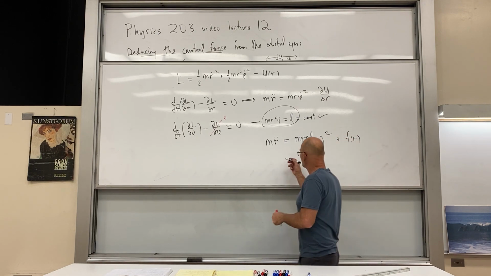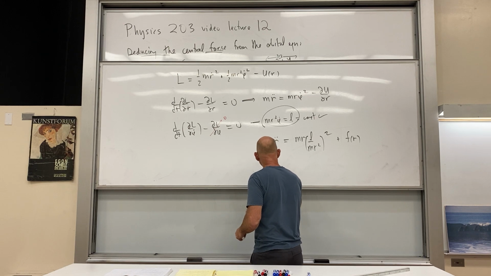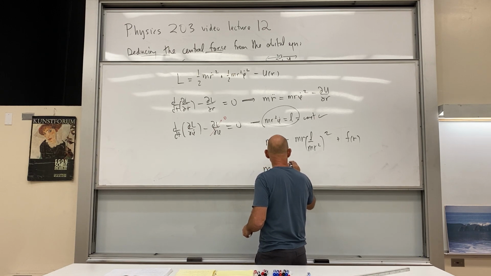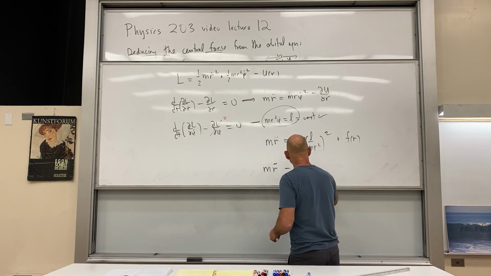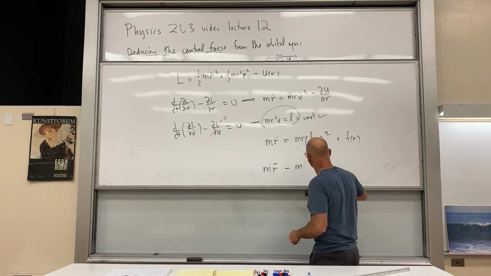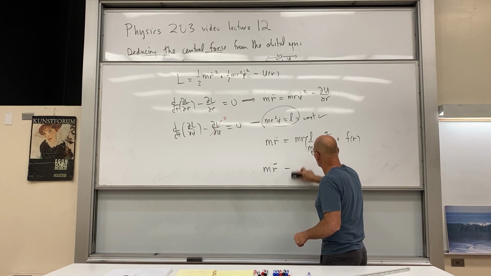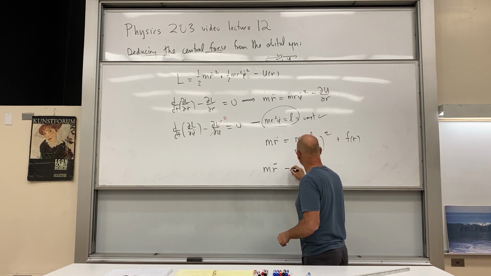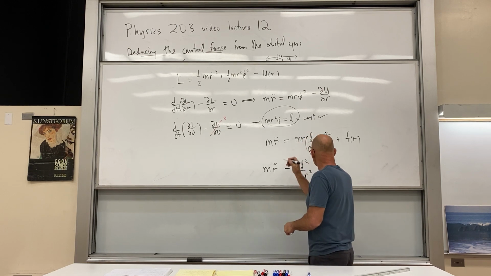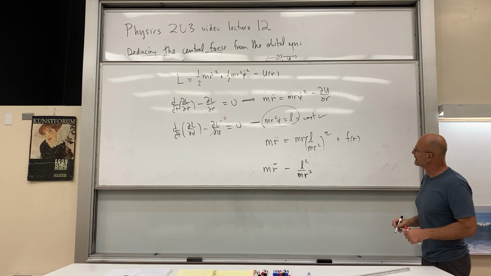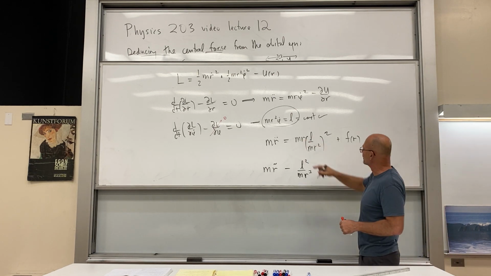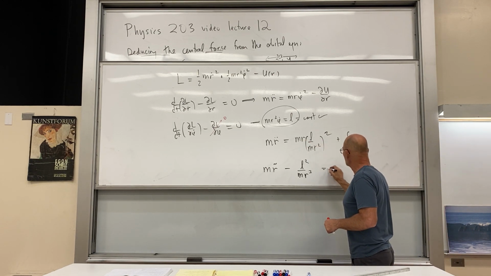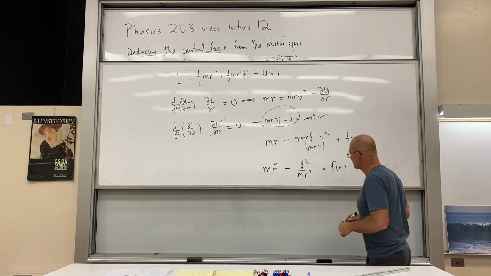So here's what we're going to be working with. Cancellation of a mass, so m r double dot minus L squared over m r cubed, masses cancel, r's cancel, equals f of r. Okay.